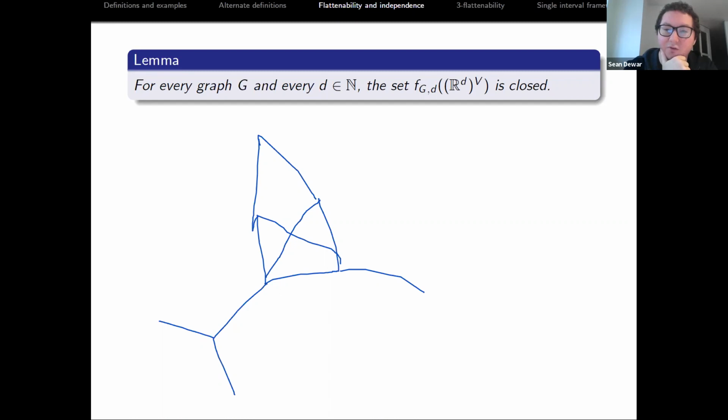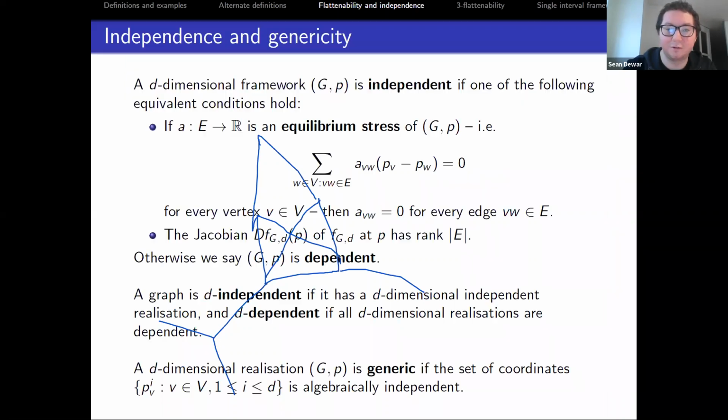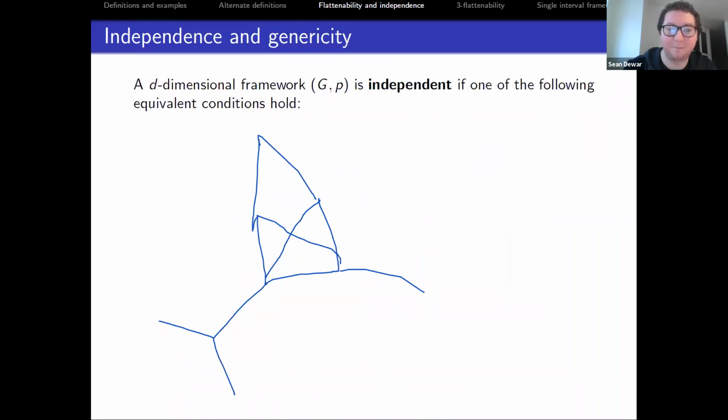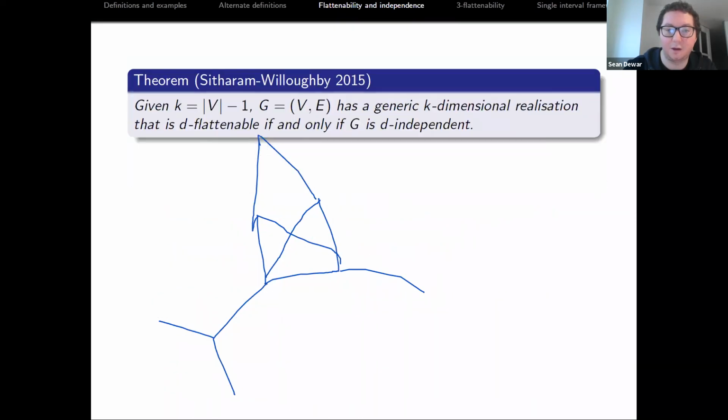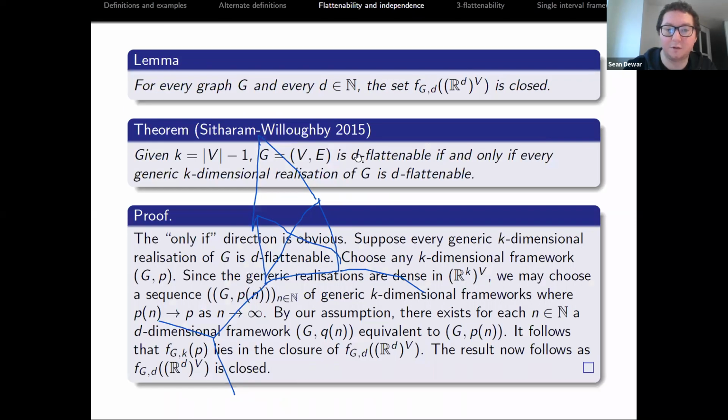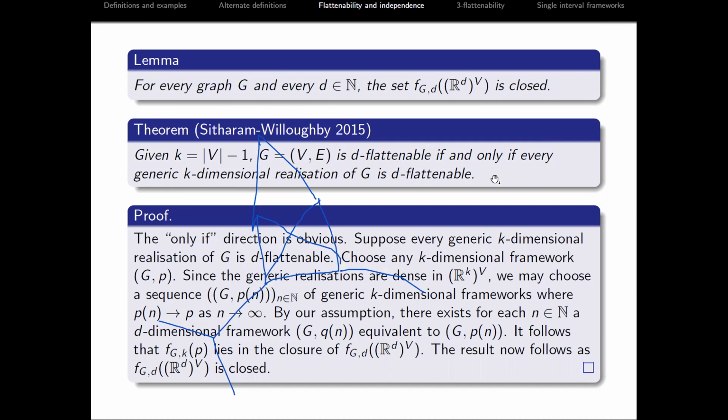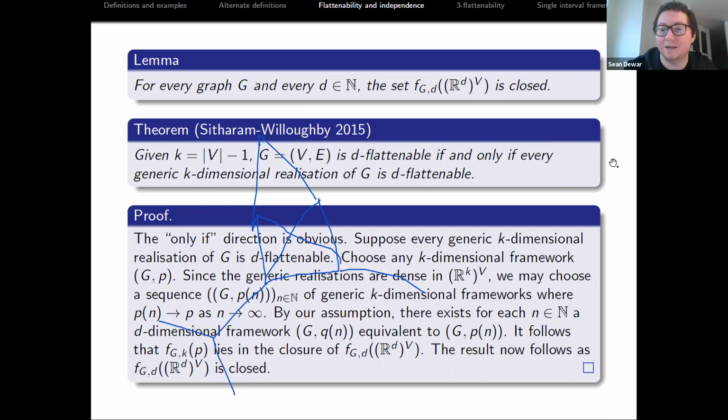I think it is true. Oh, what am I talking about? It's just immediately true. We don't even need that. We can just use the result here. So it's going to be flattenable if and only if every generic one is. Yeah, we've just taken a slightly bigger set, but it'd still be true.